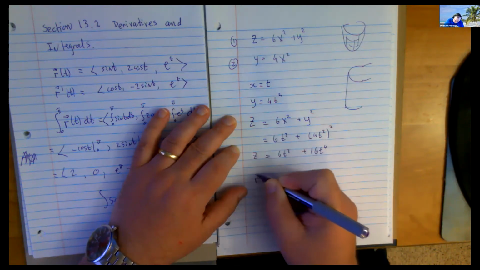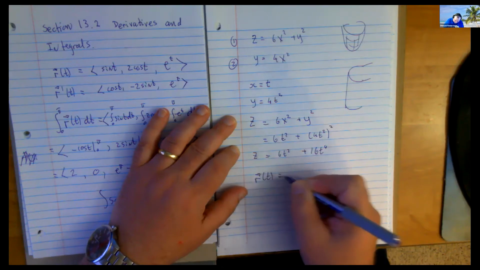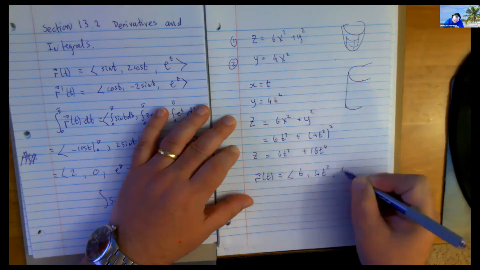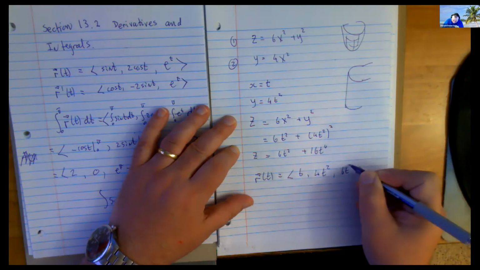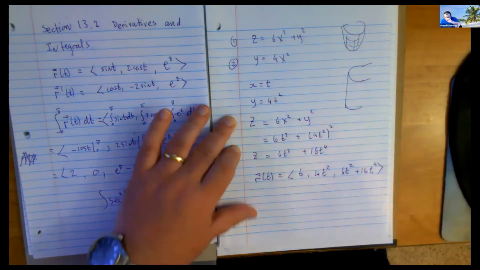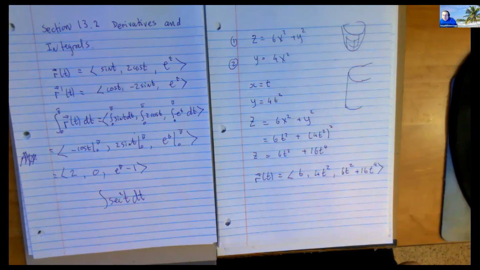And so our space curve will be t, 4t squared, and 6t squared plus 16t to the 4. We okay with that?